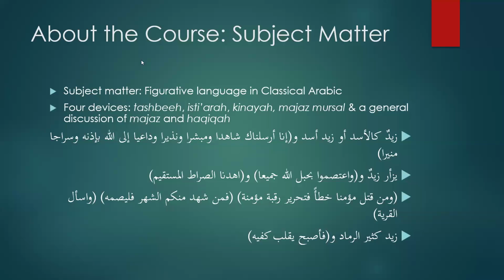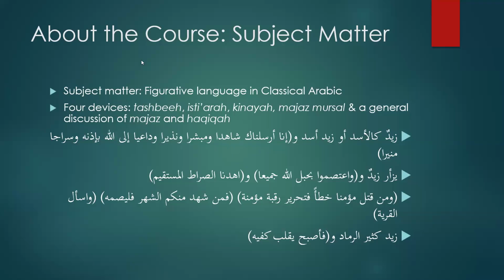So both the tashbih and the isti'ara are similar from the perspective that the relationship between the uttered meaning and the intended meaning is one of comparison, is one of mushabaha. They're related in that way.